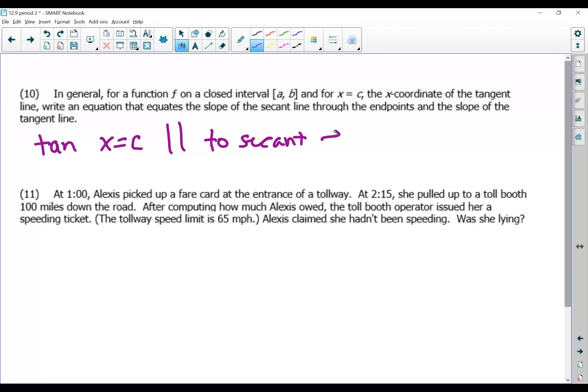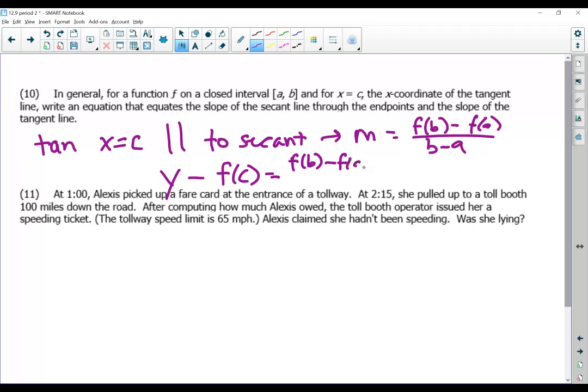So if the secant slope is f of b minus f of a over b minus a, then the equation of my tangent line would be y minus f of c equals f of b minus f of a over b minus a times x minus c. Okay, so if I know it's parallel, then the AROC would be the same thing as the derivative, the IROC there. And I could use either.